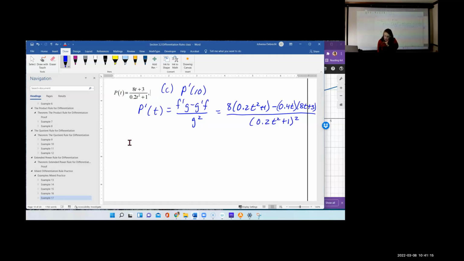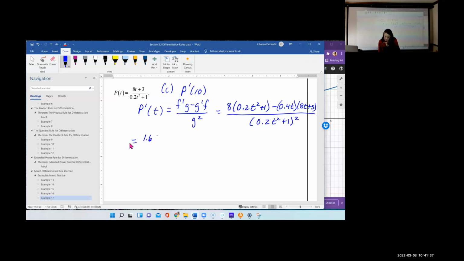So if we multiplied this out, we have the derivative of the numerator times the denominator minus the denominator's derivative times the numerator. Just checking my work to make sure everything looks okay. Now I'm going to multiply it out.